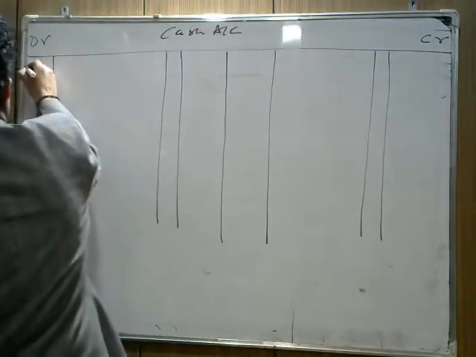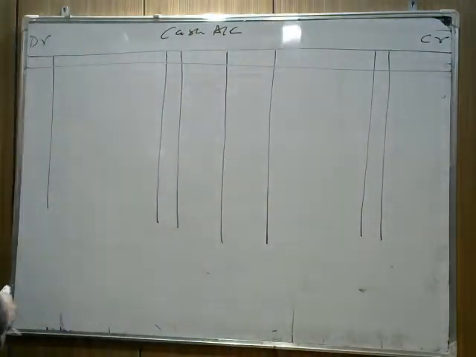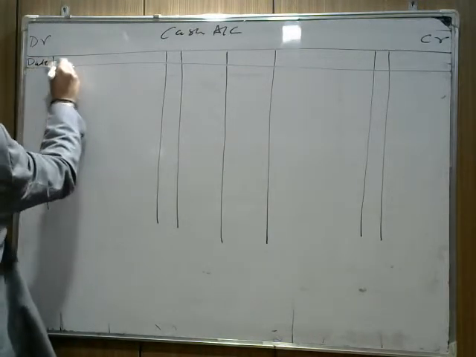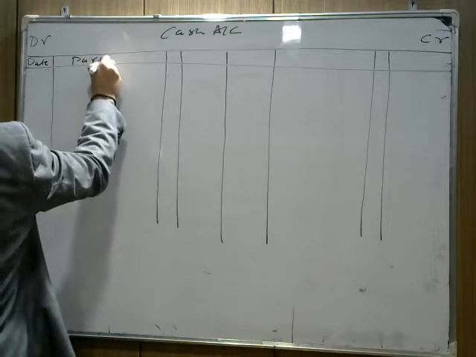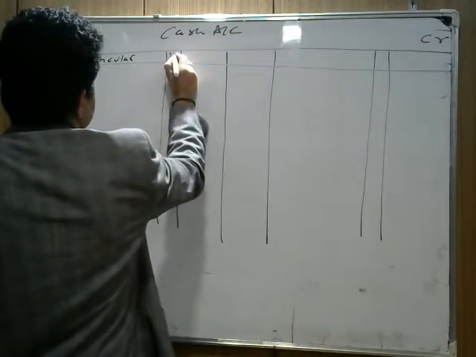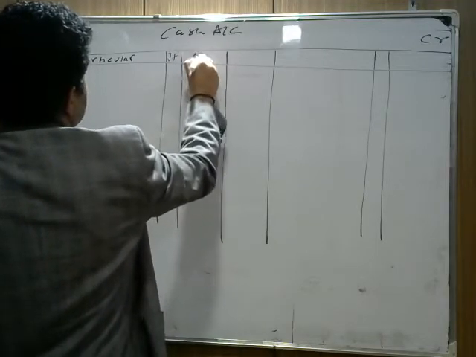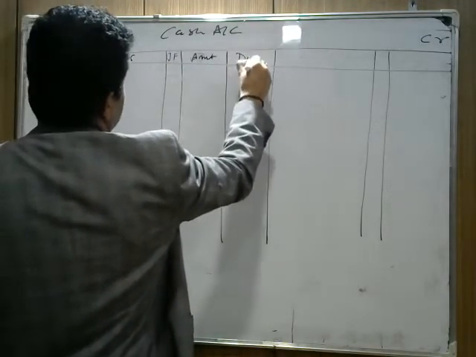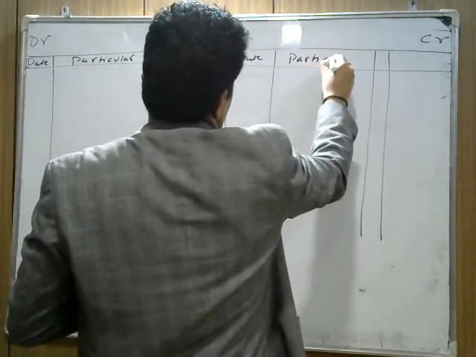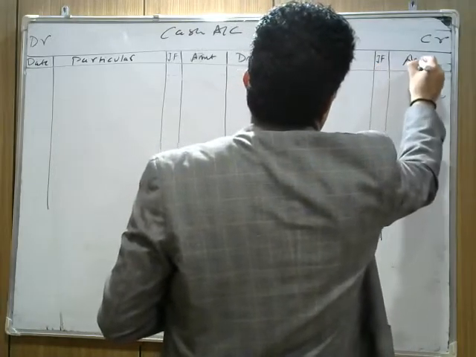Then we write amount. This is called the concept as well as the format. The first thing is date, particulars, column of JF, we write amount, again date, particulars, the column of general folio, and then I write amount.